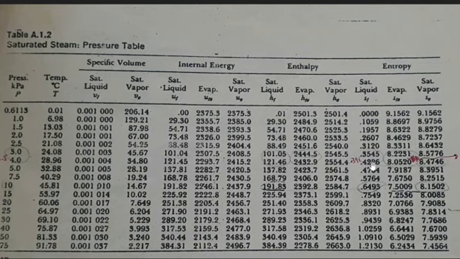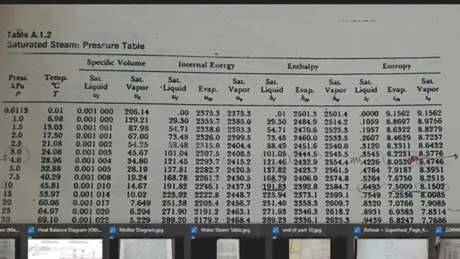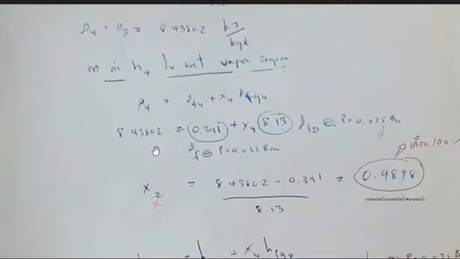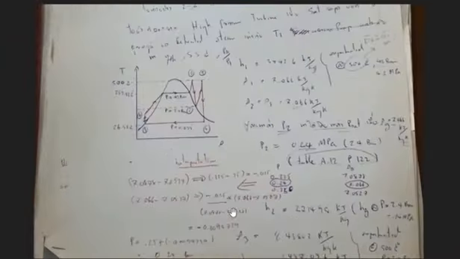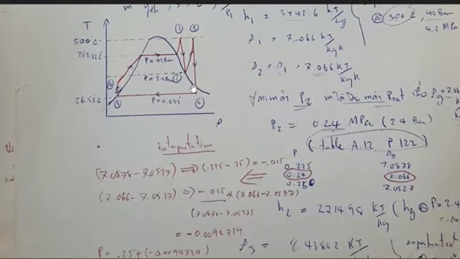So we will use the entropy equation to find X. As you can see, if we substitute all the values in the formula, we can get the amount of X at point 4 is about 0.9898, almost 100%. If you can see in this picture, point 4 is very close to this line, which is a saturated vapor line.